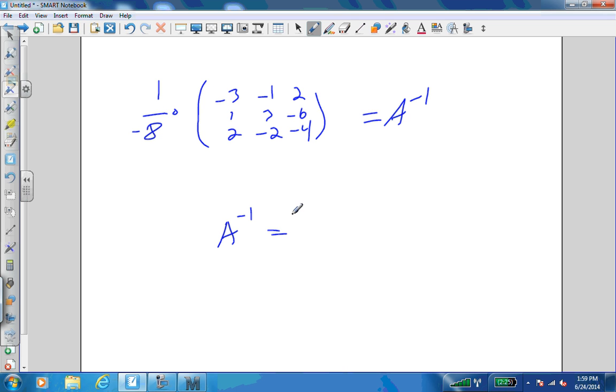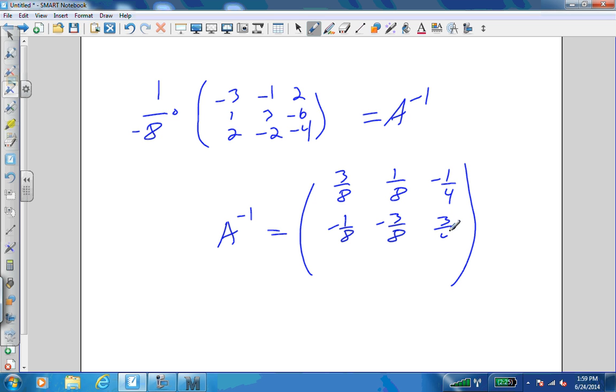So negative times negative, that's positive 3/8. Positive 1/8, negative 2/8, so negative 1/4, negative 1/8, 3 times that, so negative 3/8, negative 6 over negative 8, so positive 3/4, 2 times negative 1/8, so negative 2/8, or negative 1/4.